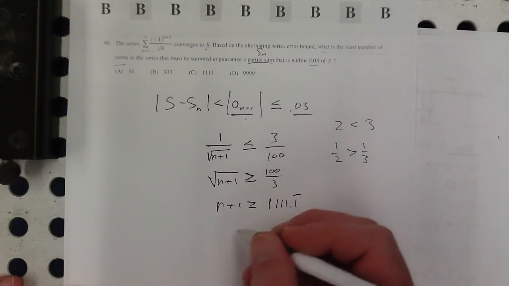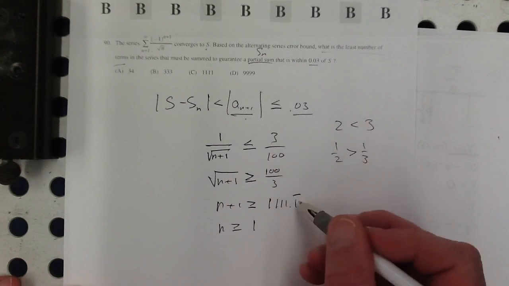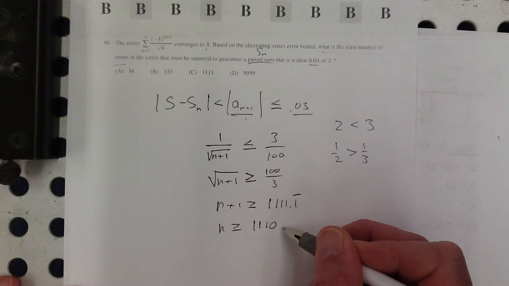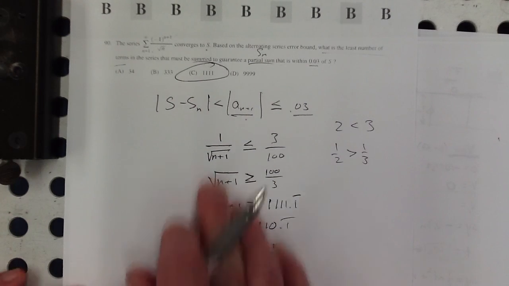And then I'm going to subtract 1. So n has got to be greater than or equal to that, and n's a whole number, so that would be the smallest one right there, which would be c. That wasn't so bad.